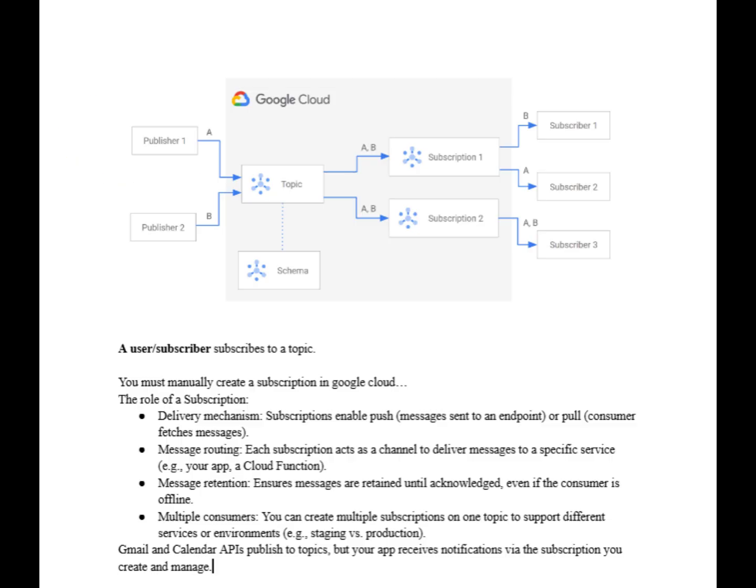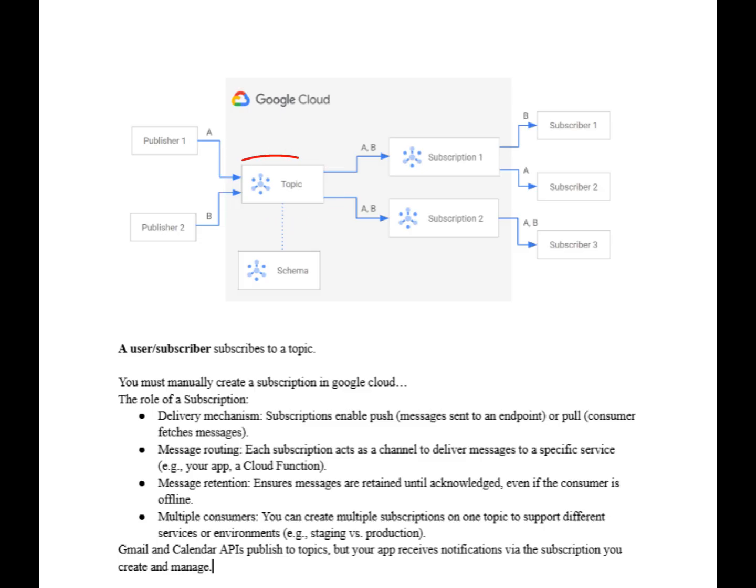Then we have a topic. It's like a named channel or category for messages, and it acts as like a logical endpoint where publishers send messages to. So it acts kind of like a message queue or channel. They can have multiple publishers, so multiple publishers can publish messages to a topic, and messages are stored temporarily.